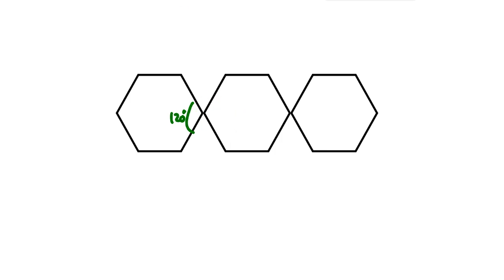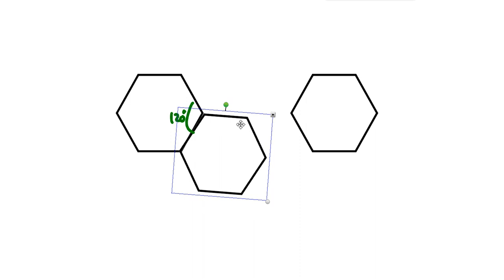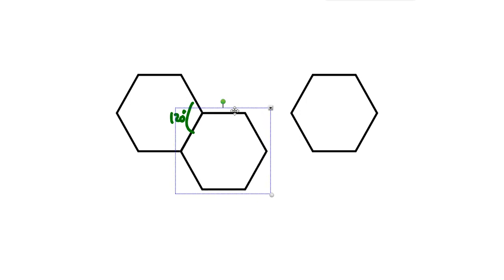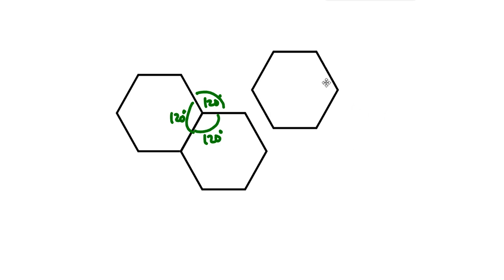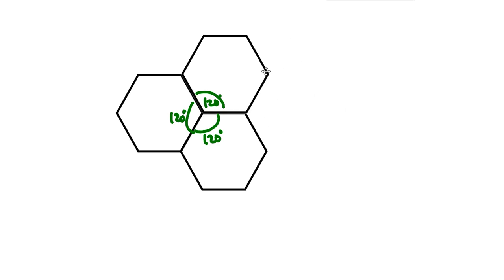But if we took this hexagon rather, and went like so with it, then this is 120 degrees and this is 120 degrees, leaving a 120 degree gap. But a 120 degree gap can be filled like so. And then hexagons can tessellate the plane.